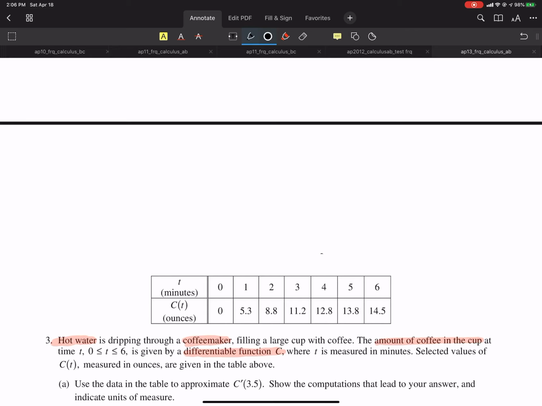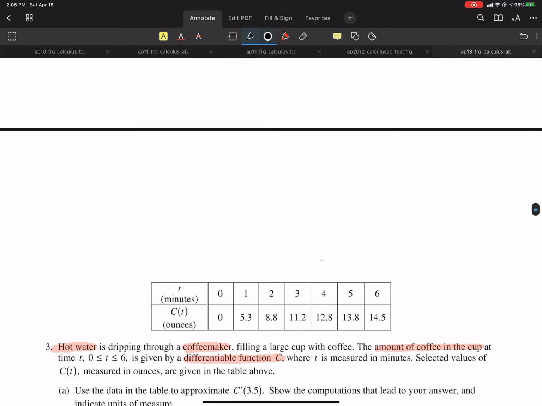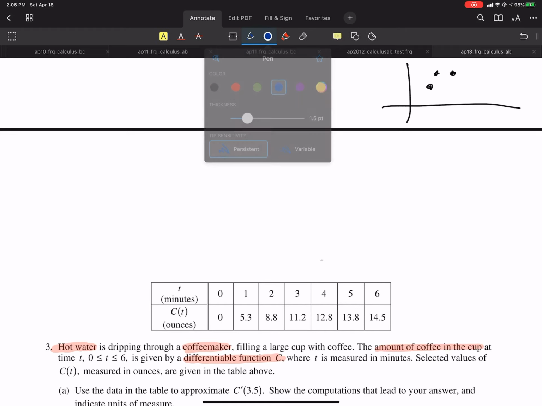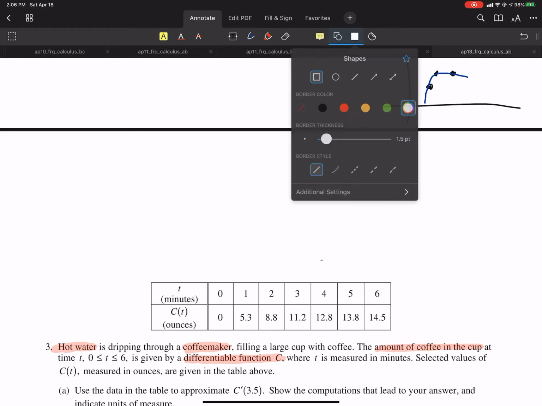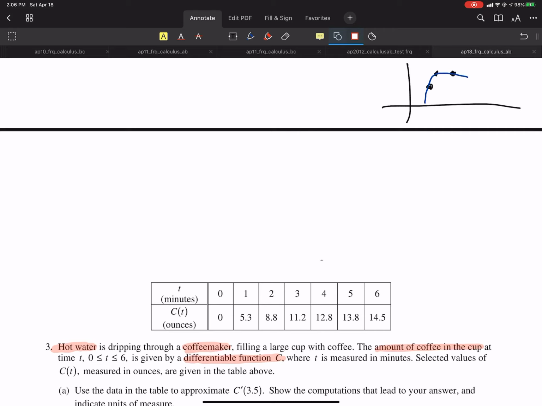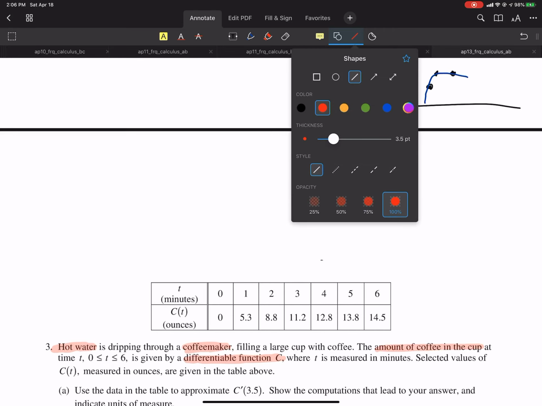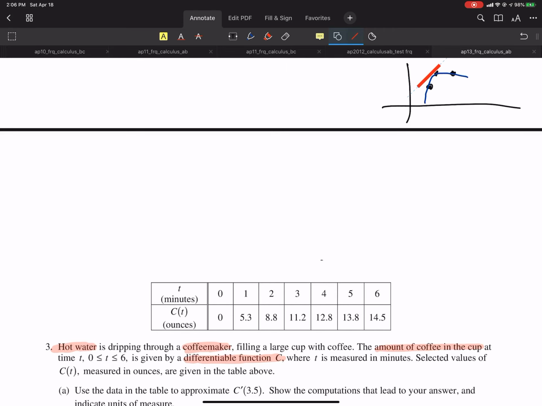So just as a quick example on the side here, if you had a data table with 3 points in the curve, you don't know what the curve looks like. So let me show you what it could look like. It could look like that. And you want to approximate the derivative at a point. So say you want the slope of that line.